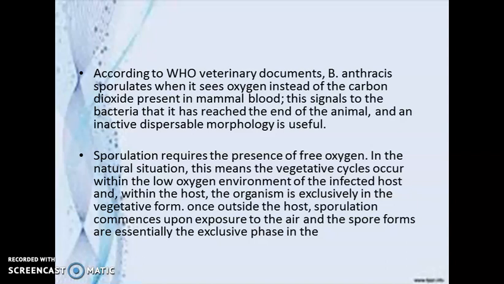In the natural situation, this means the vegetative cycles occur within the low oxygen environment of the infected host, and within the host, the organism is exclusively in the vegetative form. Once outside the host, sporulation commences upon exposure to the air, and the spore form is essentially the exclusive phase.